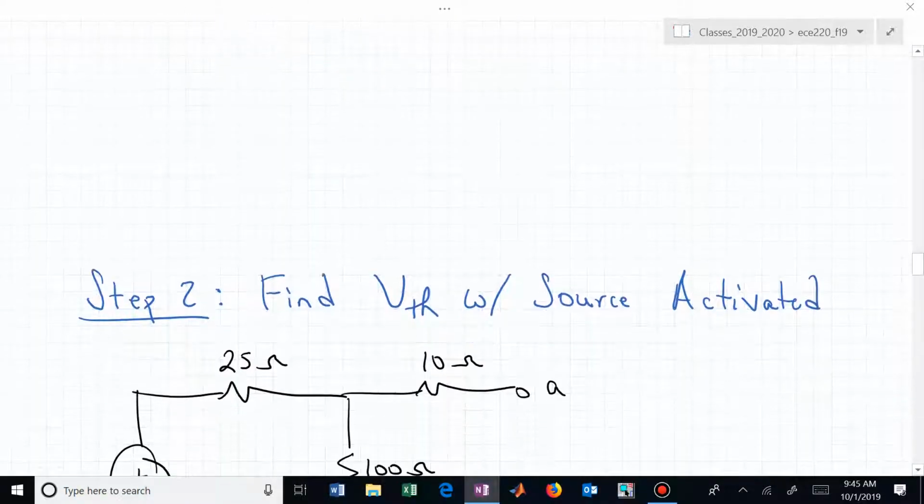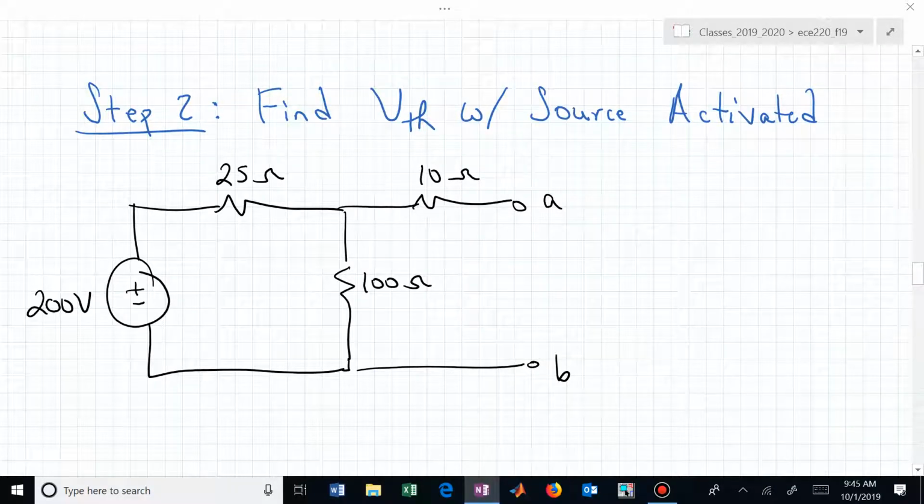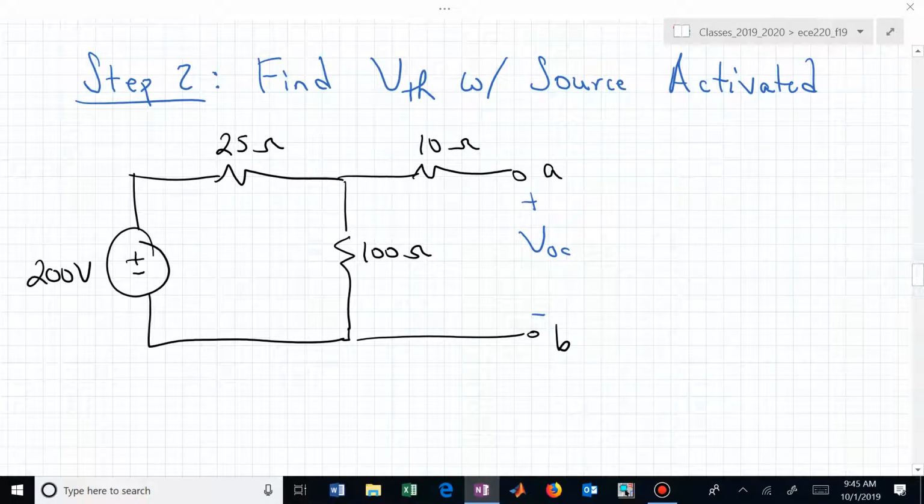The next step is to find V Thevenin, which means we have to reactivate the independent sources and find the open circuit voltage between terminals A and B. What can you see or appreciate by looking at this? We're asking to find the voltage across terminals A and B. Is that voltage appearing anywhere else in the circuit?